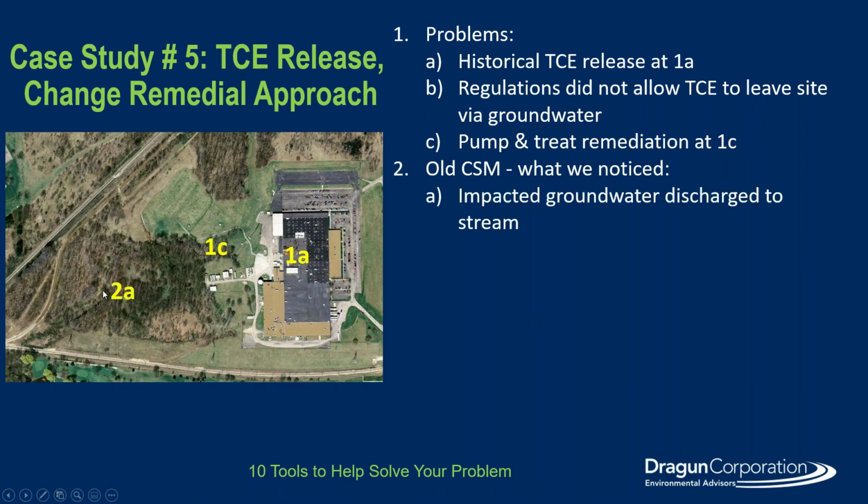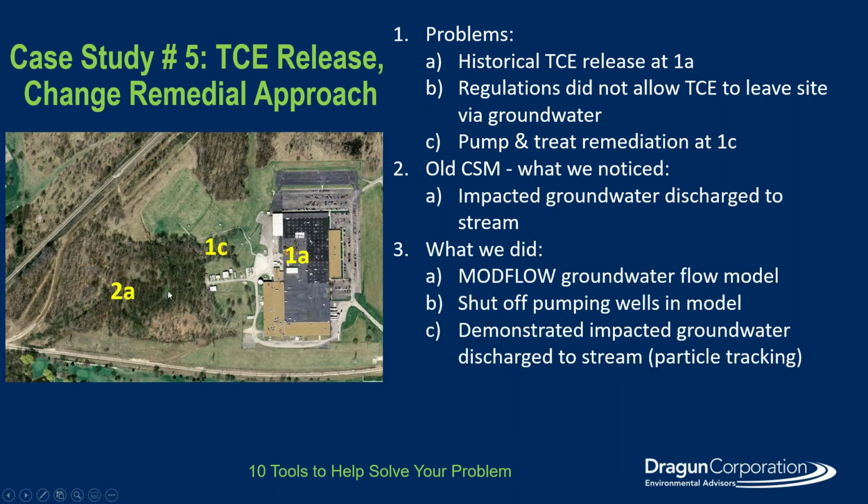So we took a look at it. What we noticed was there was a stream flowing through the site, and that the impacted groundwater discharged to the stream. What we did was we created a groundwater flow model with ModFlow, and in that we shut off all the pumping wells, and we demonstrated that even with the pumping wells off, the groundwater discharged to the stream, and the stream met surface water criteria.